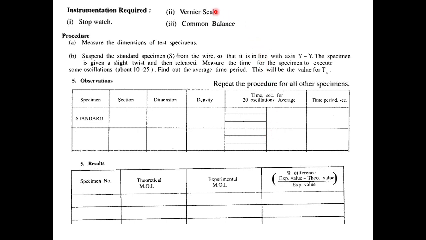Okay. So in addition, a stopwatch is available nowadays. Mobile phones are there, so a stopwatch is a common thing. And why is a balance needed? A common balance. You understand what is a common balance?